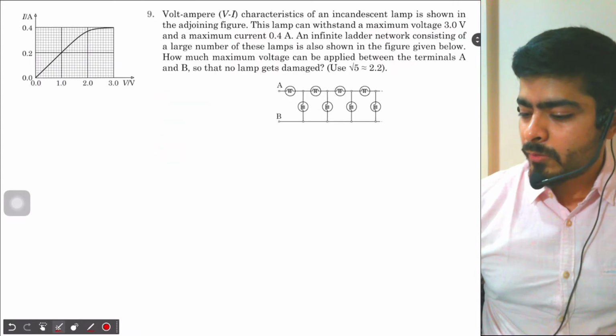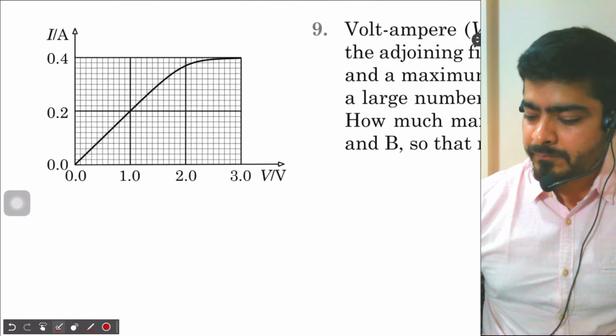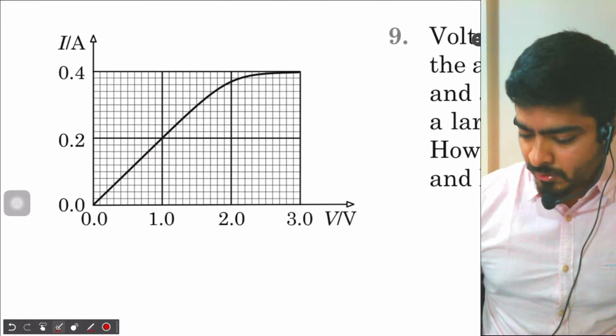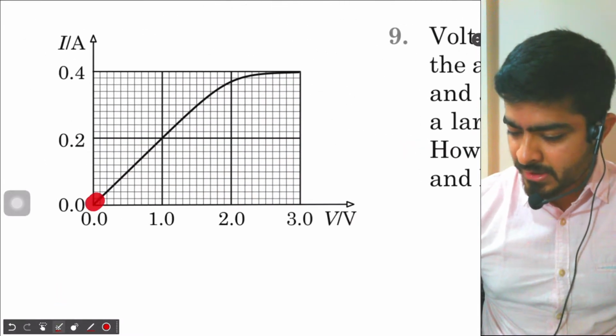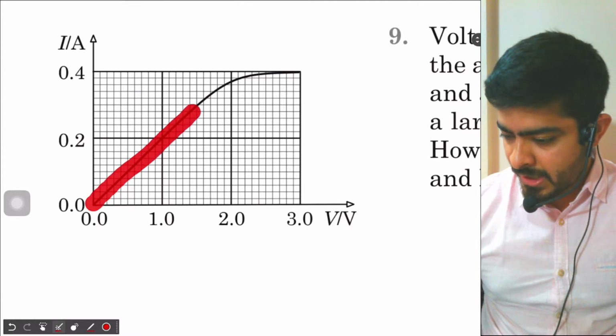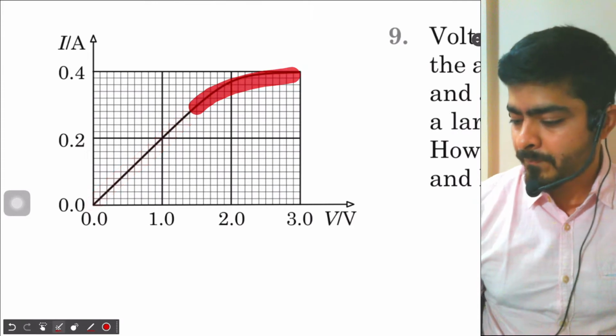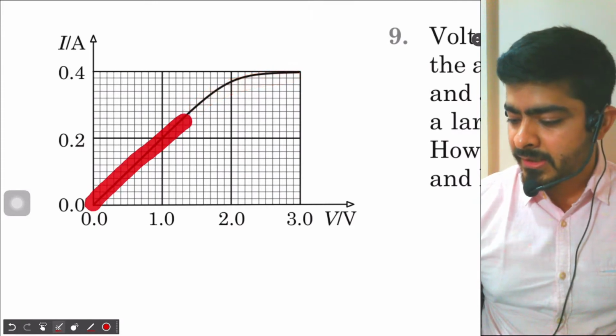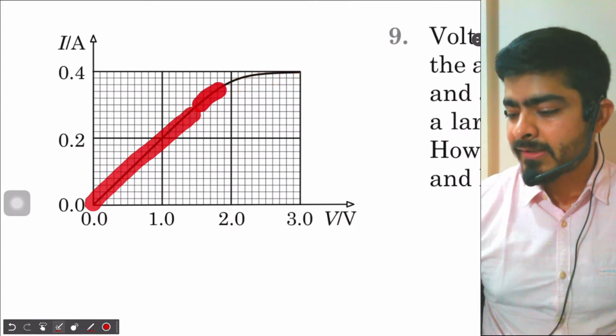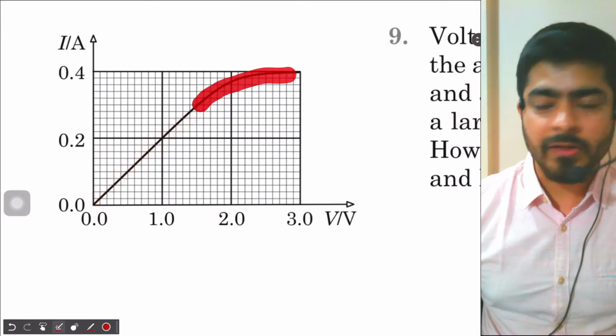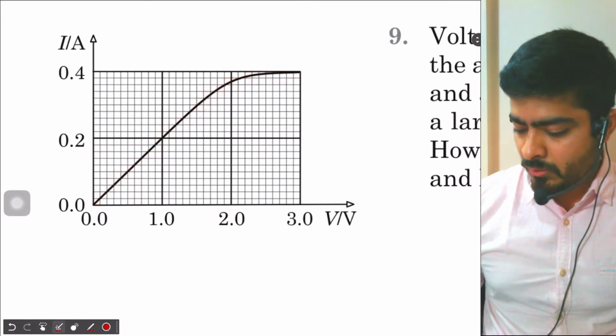So first of all, let's look at the graph. You can see that the graph is initially perfectly linear, and from here it is deviating from the linear behavior. So we can say that in this region the graph is ohmic, and in this region the graph is non-ohmic. The resistance becomes non-ohmic.